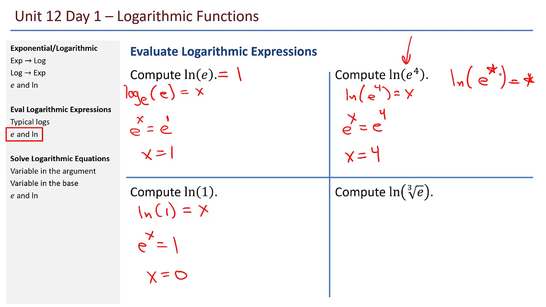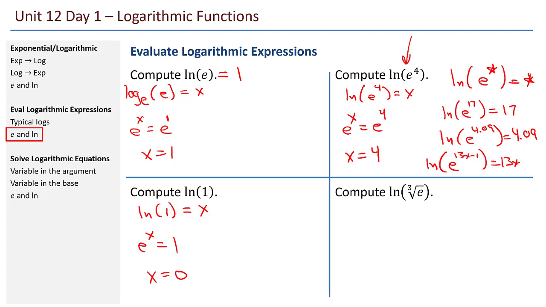Whatever e does to the star, the natural log will undo that. So, the natural log of e to the 17 is 17. The natural log of e to the 4.09 equals 4.09. The natural log of e to the 13x minus 1 equals 13x minus 1. This is a handy observation to remember.